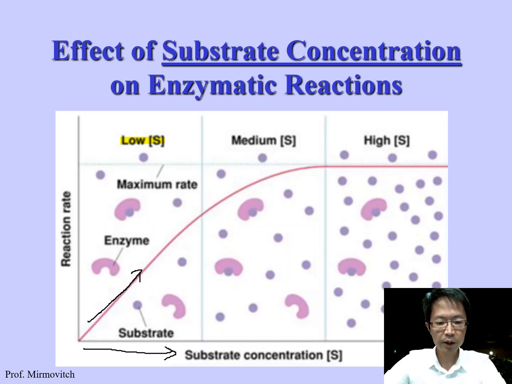But as we continue to increase substrate concentration, when all the enzymes are occupied, then it will reach something called a maximum rate. So this is the graphical representation of what we just talked about in the last two slides.